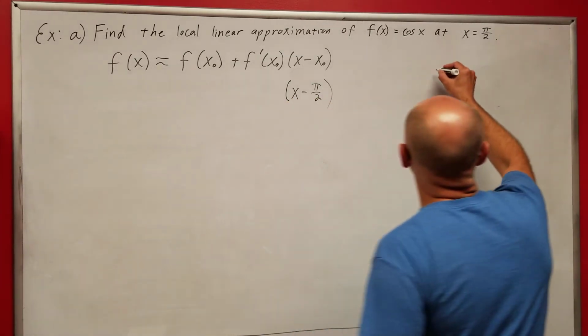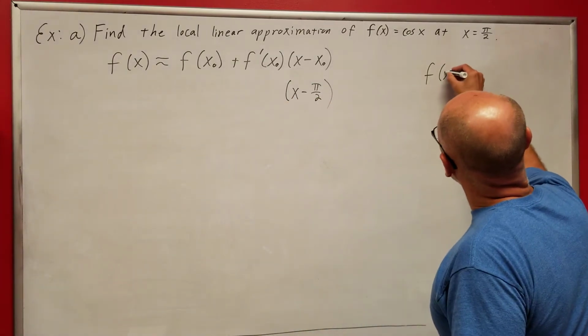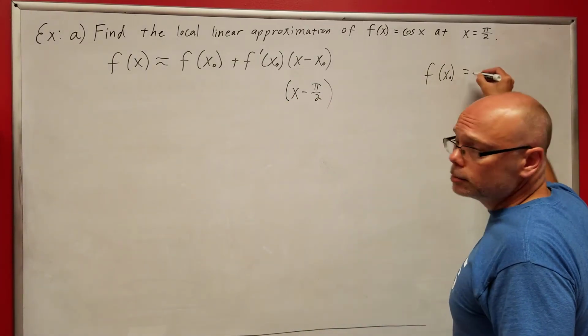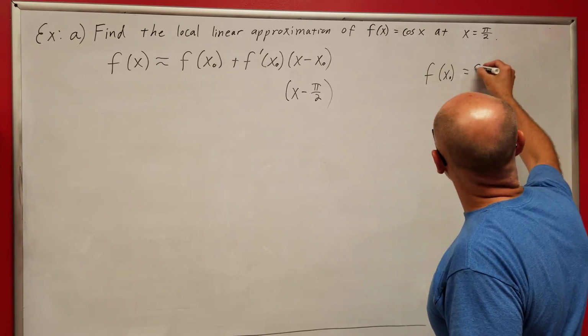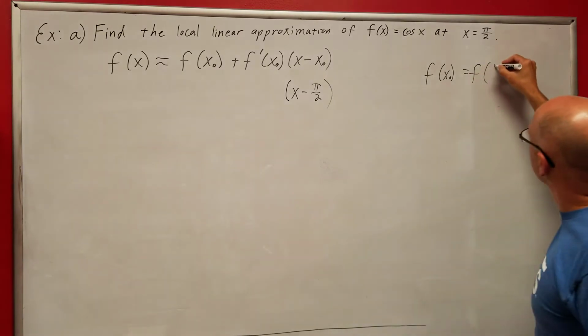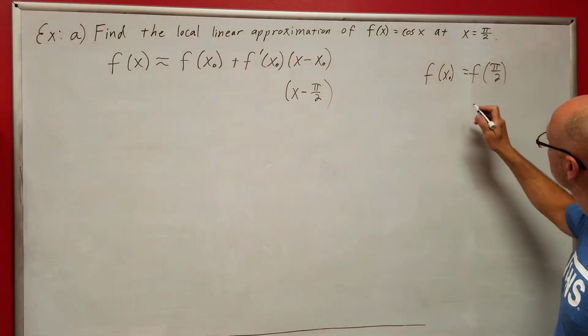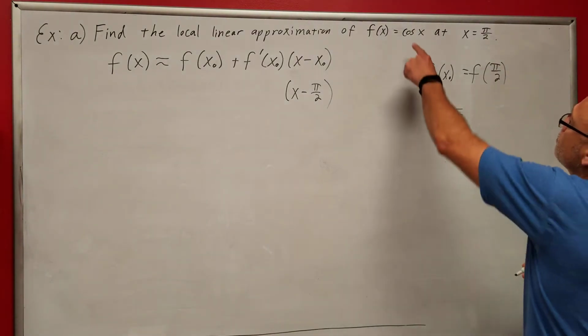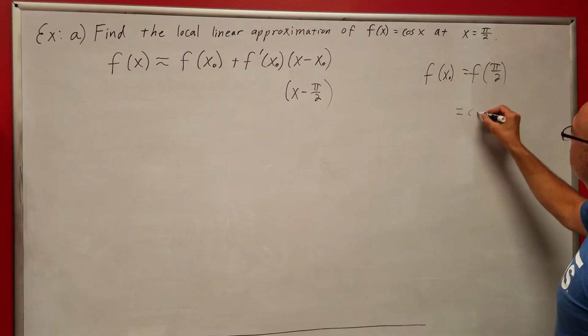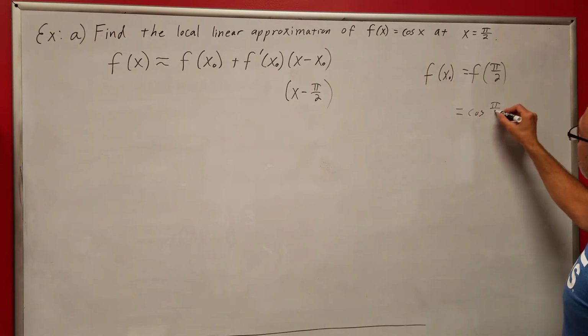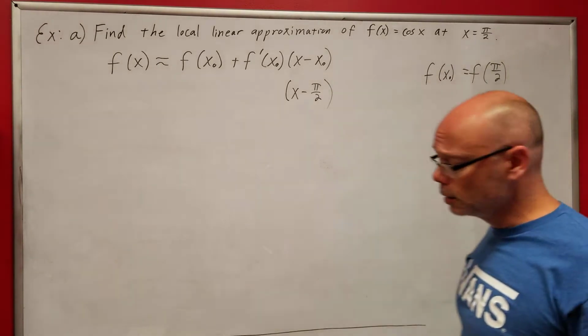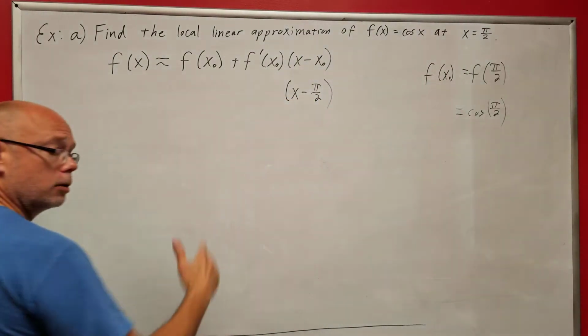So let's find f of x naught. F of x naught is f at pi over 2 in this case, right? Which is what? Cosine at pi over 2. Think about your unit circle at pi over 2.